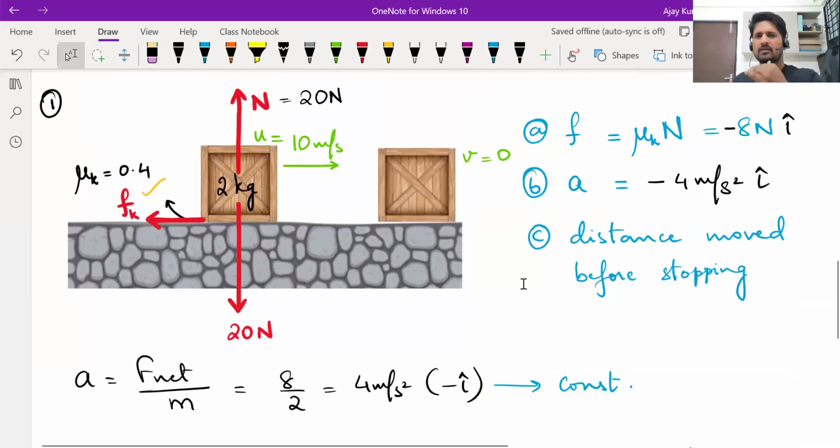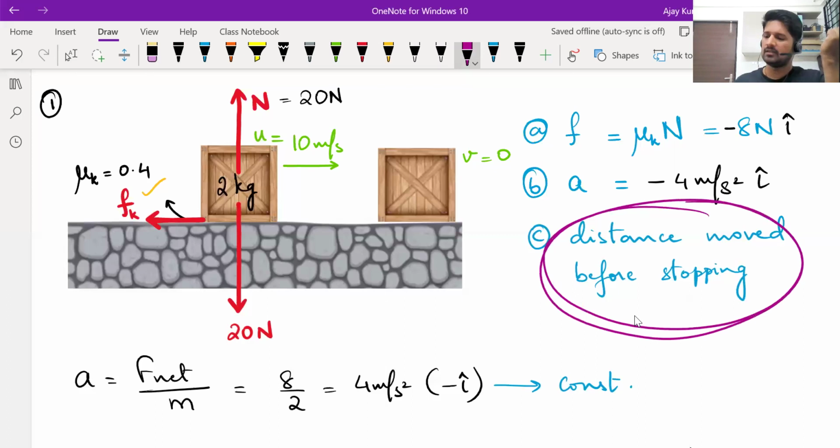Okay, just think about the steps, all of you. And see, in exams, they will ask you this question directly. How much distance it moves before stopping? First, you'll have to think, why will the block stop? What force is making it stop? Friction. You'll have to calculate friction. And to calculate distance, you need to know something about velocities and accelerations.